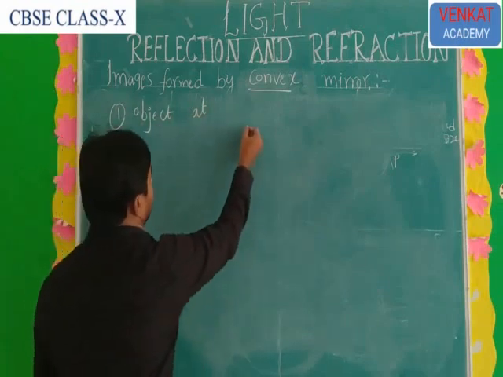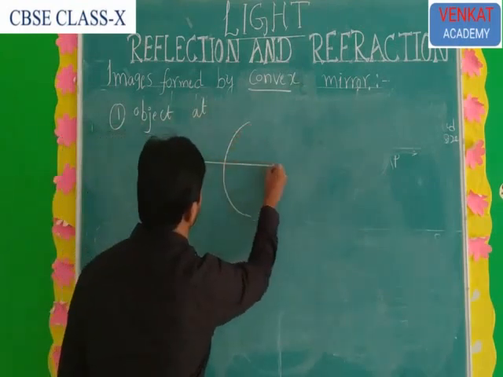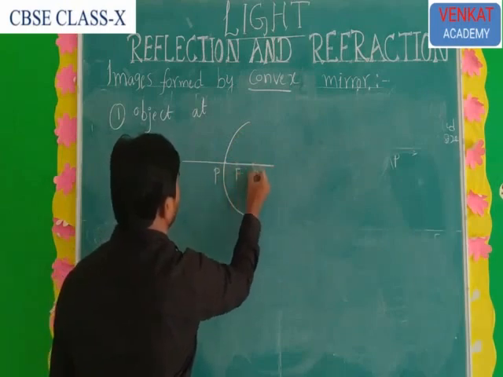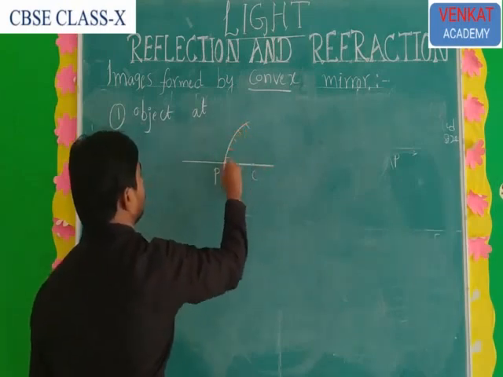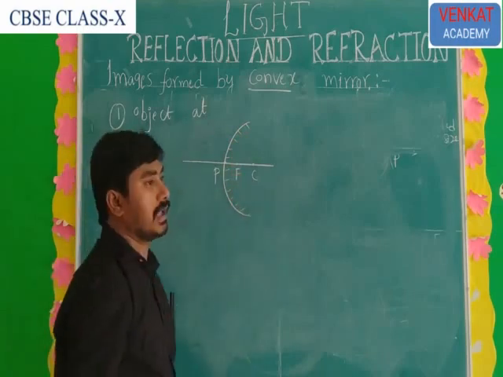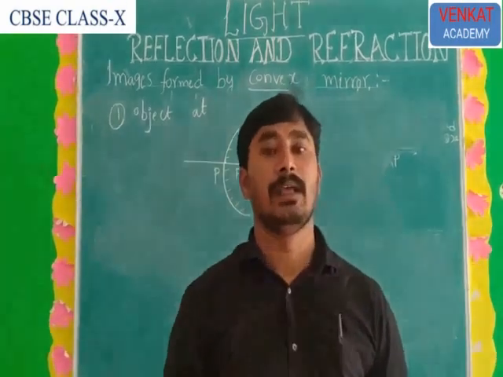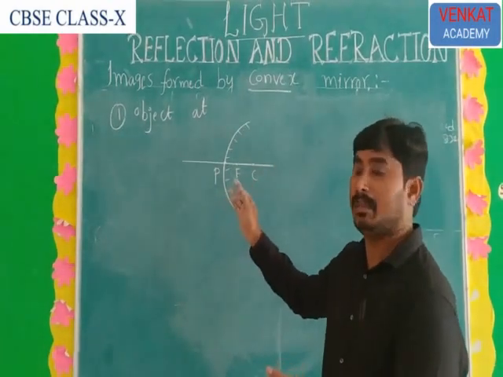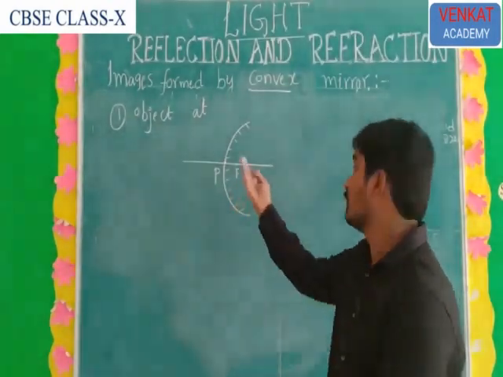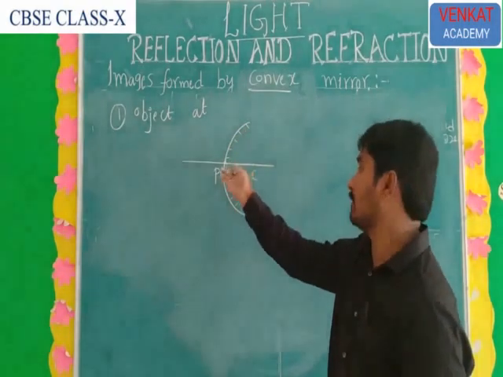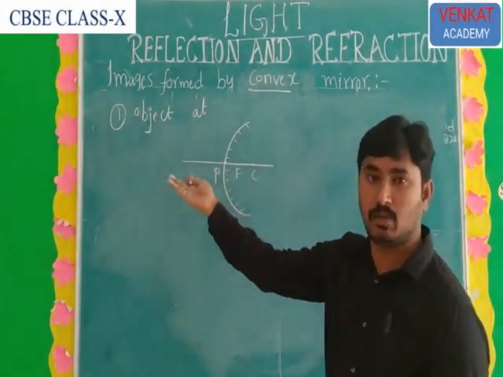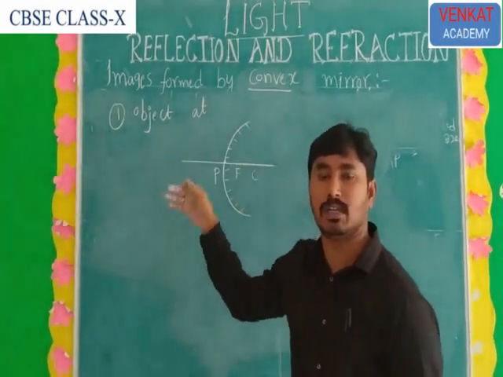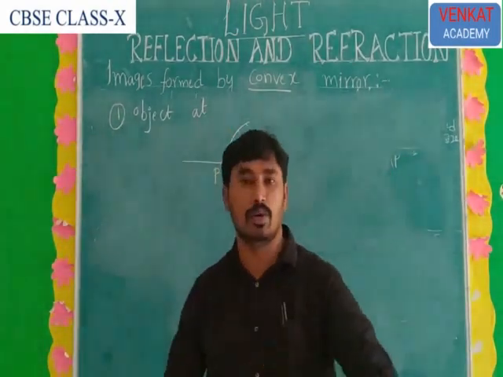Here is the pole, focus, and center of curvature. This is the silver coating. You know very well the convex mirror is also known as a diverging mirror. In this mirror, the focus and center of curvature are on the silver coating side, but on the reflecting side only two conditions are there. What are the two conditions? One is infinity, the second is between infinity and pole. That's why in the convex mirror only two conditions are there.